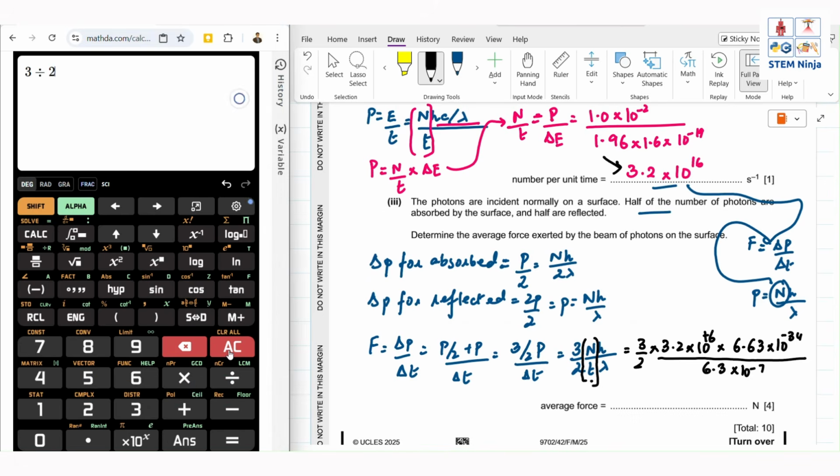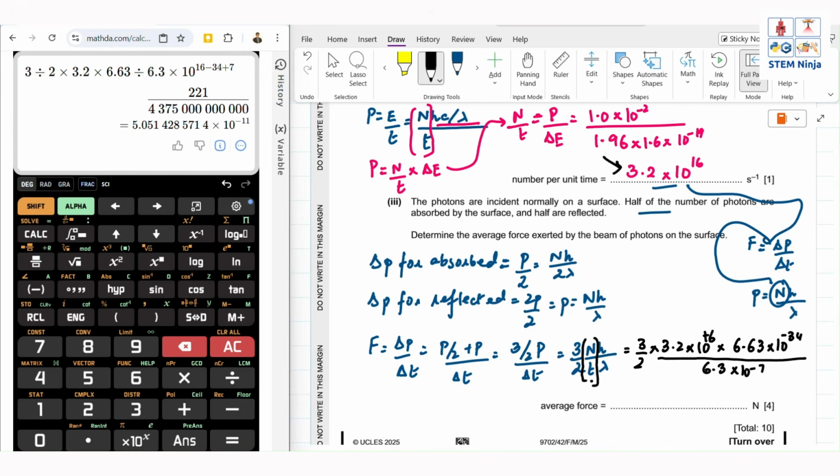So we have 3 divided by 2 times 3.2 times 6.63 divided by 6.3 times 10 raised to power 16 minus 34 plus 7, and we are getting 5.0 something × 10 raised to power minus 11. So this is the average force. So we can write it as 5.0 × 10 raised to power minus 11.